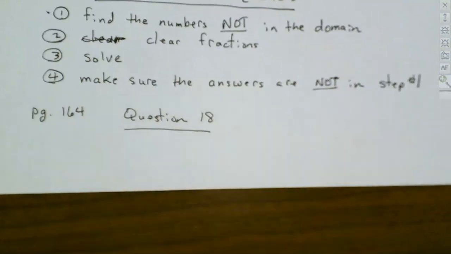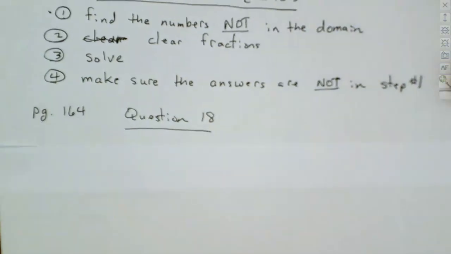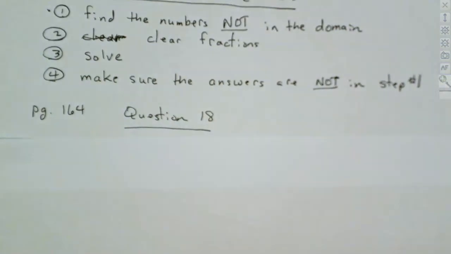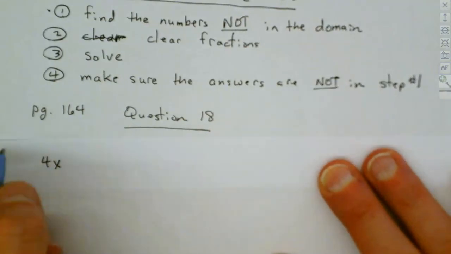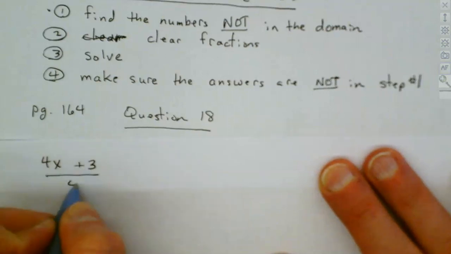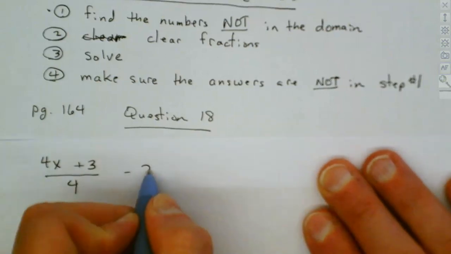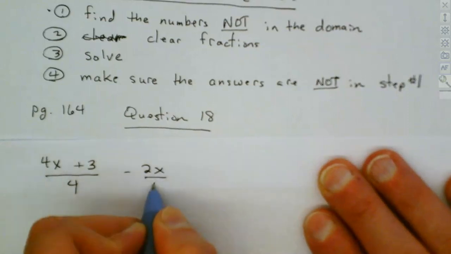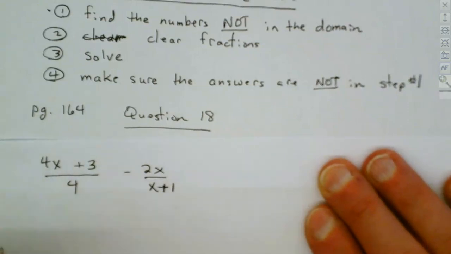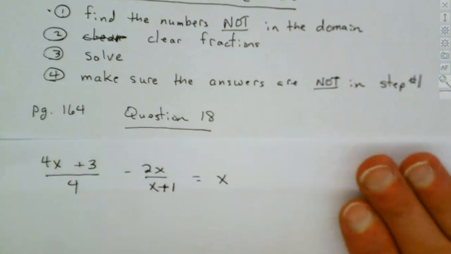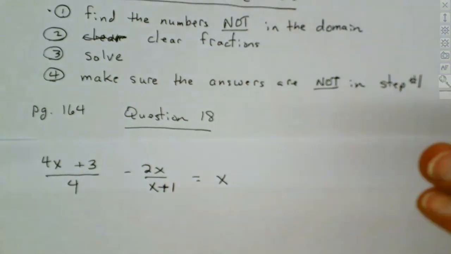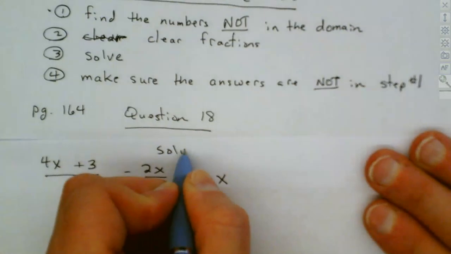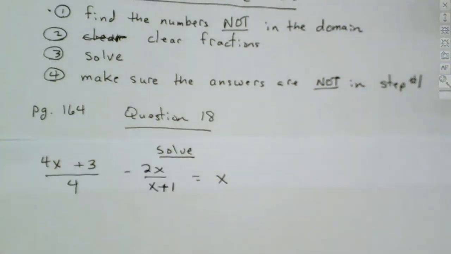Now we're going to follow this step-by-step procedure here. 18 is (4x plus 3) over 4 minus 2x over (x plus 1) equals x. And the directions here are going to be solve. Now, we're going to go through our step-by-step procedure.